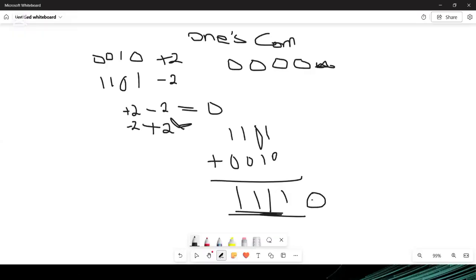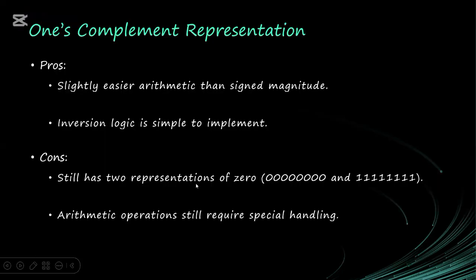But this is -0. There's confusion. This one is +0. But this one is -0. Which one are we now going to pick over each other? There's nothing like that. So that is why the ones complement is not efficient for arithmetic operation. You can see it has 2 zeros, and when you try to do an arithmetic operation, it gives you a wrong number.